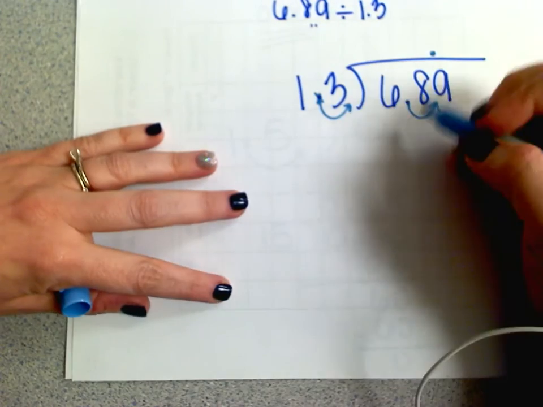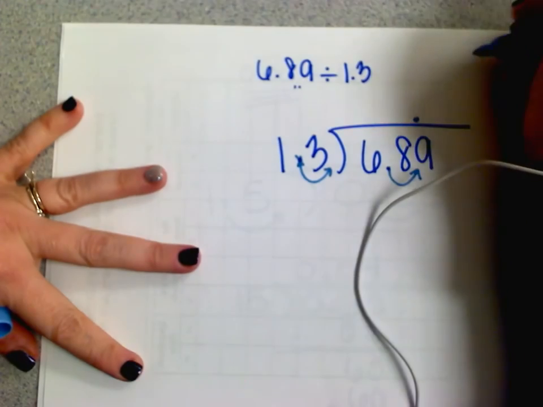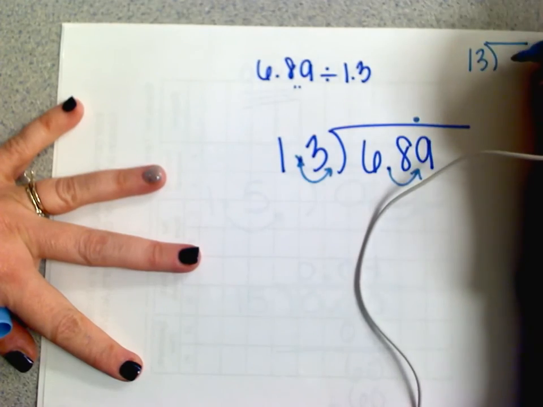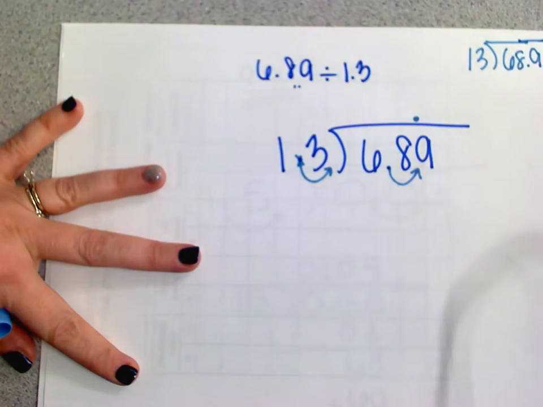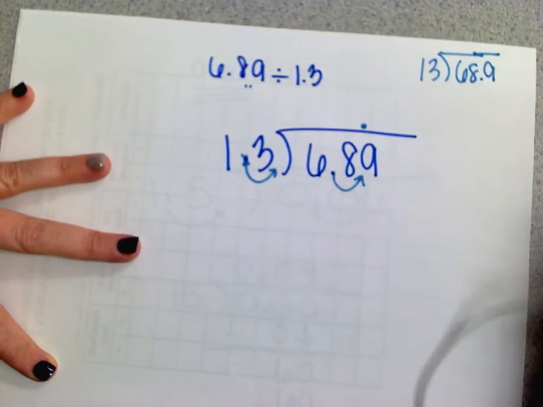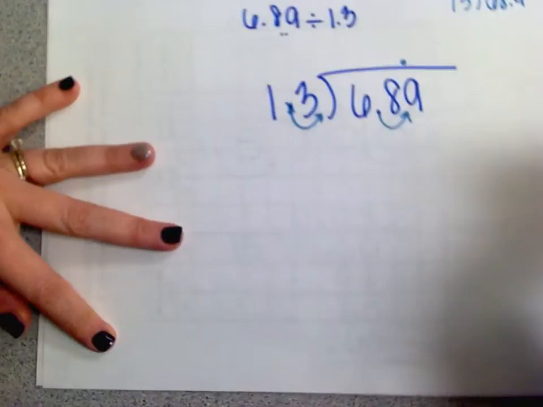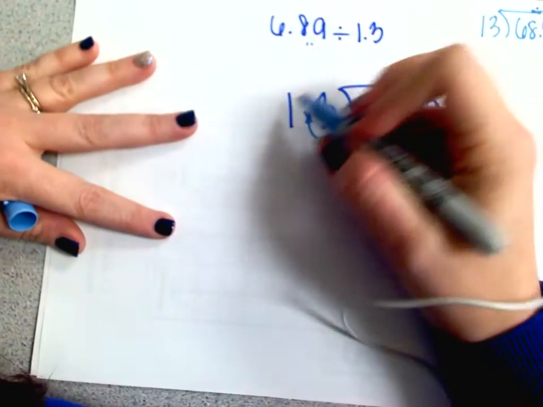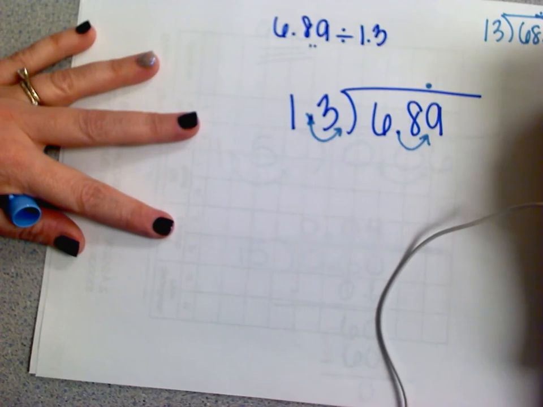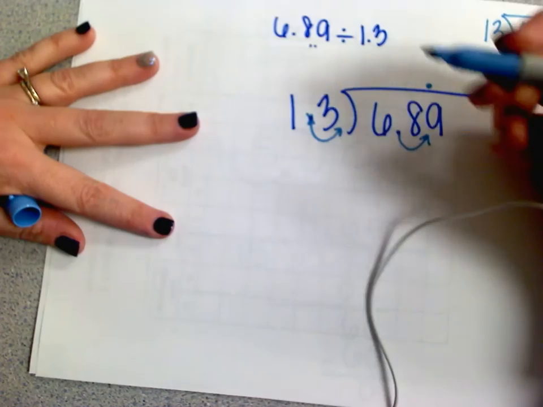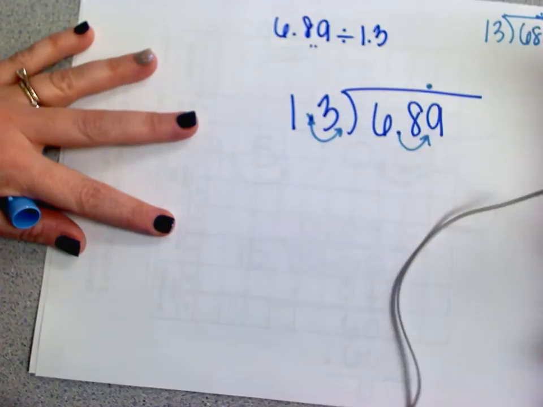I'm going to leave mine like this because I have more space this way. If you want to rewrite it as what you just created, it would be 13 as your divisor now, and then 68.9. Okay, so 13, can it go into 6? No. Can it go into 68? Yes. How many times? Geez Louise, I don't know. 13 is close to 10.